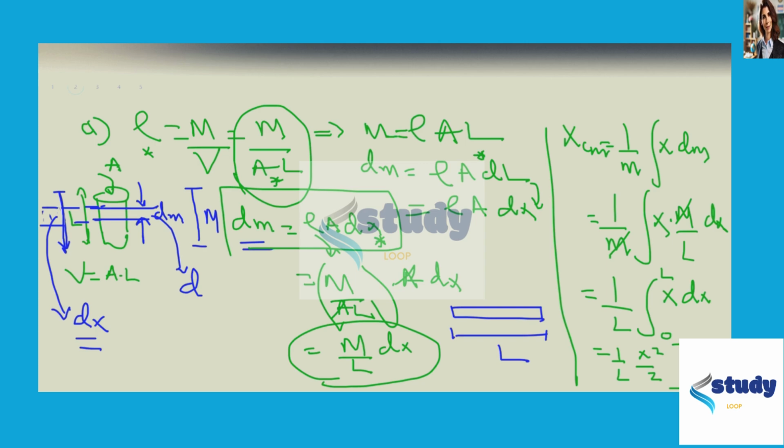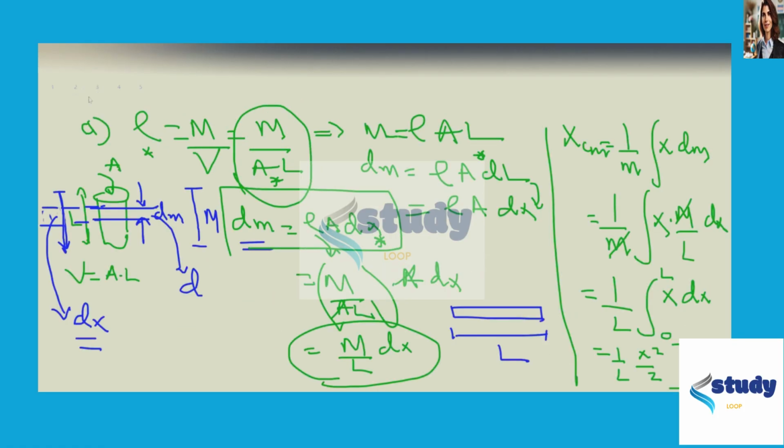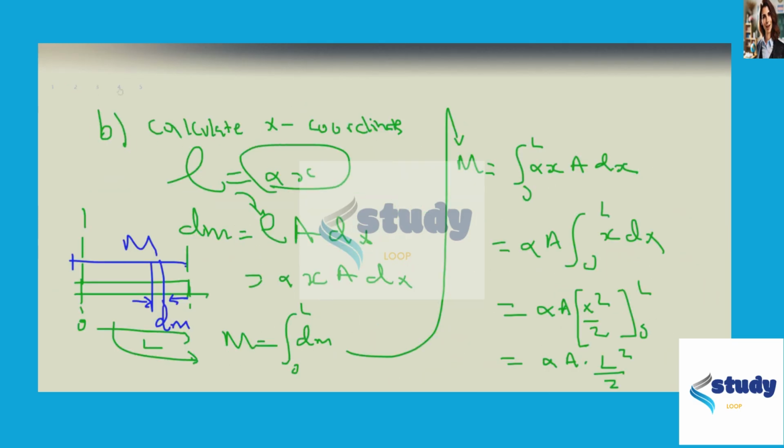We have to do more replacements. So going back right here, we need to find a different value. There's a relationship between. Where is that? Right here. Rho is alpha x.